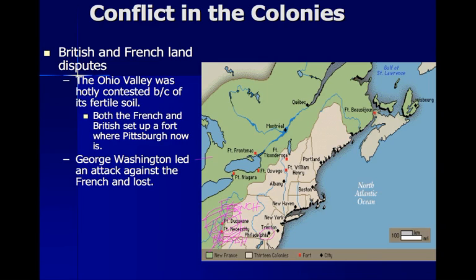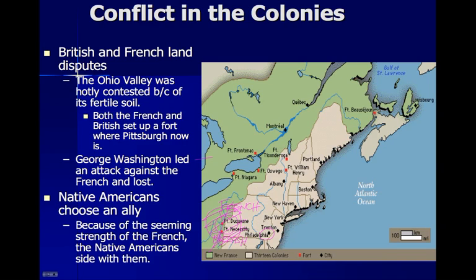Well, while this was going on, this really sort of started the battle between the French and the British. Eventually we call this the French and Indian War, not because the French were fighting the Indians, but because the Indians in this area decided that they were going to ally with the French.